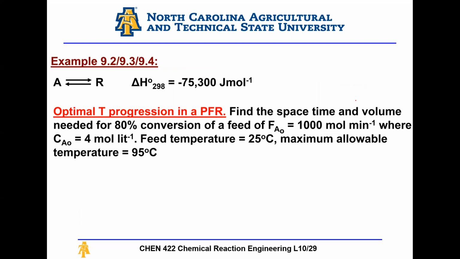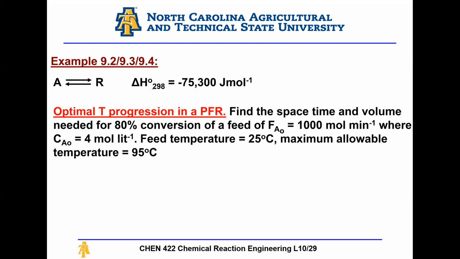Let's have a look at an example before we end this lecture. Examples 9.2, 9.3, 9.4, and again, your homework just involves reading these examples. Please go over them. Let's say I'm given a reaction A goes to R, an irreversible first order reaction.